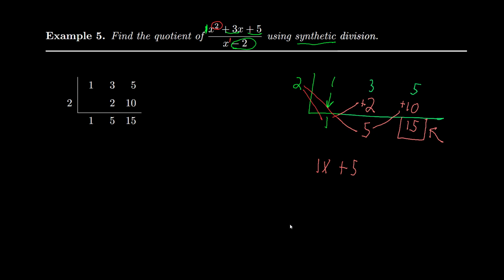And then your remainder's tacked on. So we just write it as plus your remainder over your divisor, x minus 2, because it was left over and hasn't been divided. So that's a way to write this.